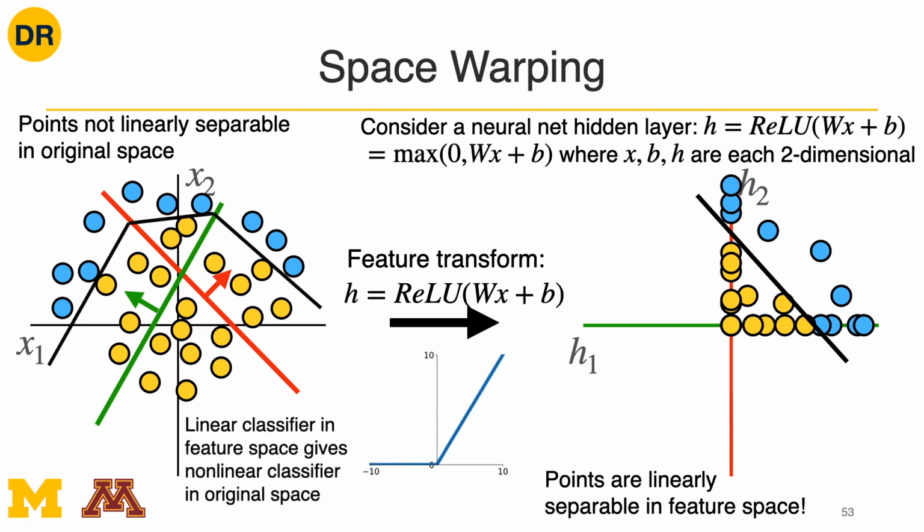In other words, there are multiple linear classifiers in the original space folding your data, such that you have a folded transformation in the feature space where you can apply linear classification.